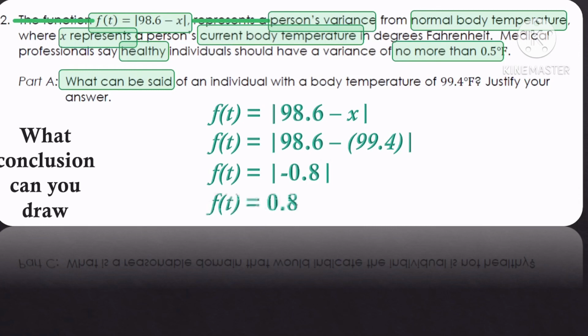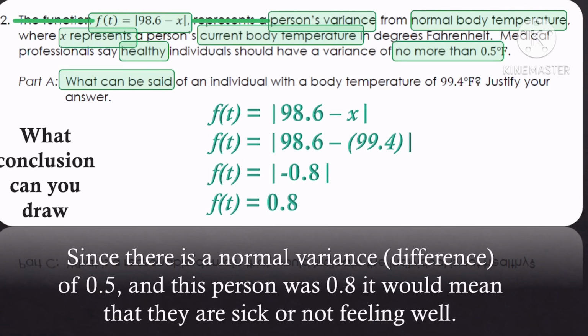So your body temperature can vary, but they say if you're within 0.5, you're healthy. But this one's within 0.8. So what does that tell us? Well, since the normal variance is 0.5 and this person was 0.8, it would mean they are sick or they're not feeling well. Even if your body temperature is below normal, there's something that could be going on. Okay?